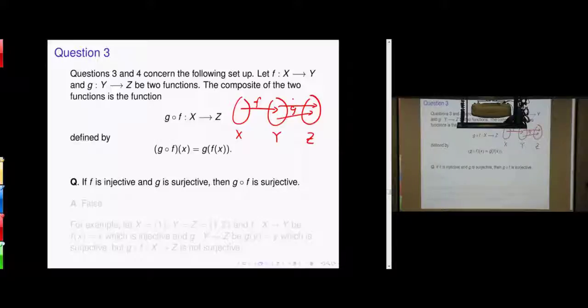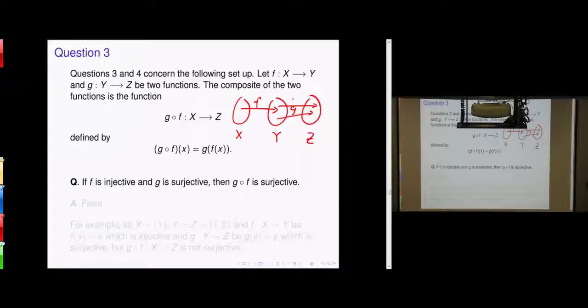The composite will be, you follow this arrow. For example, this point, following F of X, will send you to here, and then you follow G, which will send you there. So the value of G of F of X is this. So this is the setup. Now the question is, is this correct?